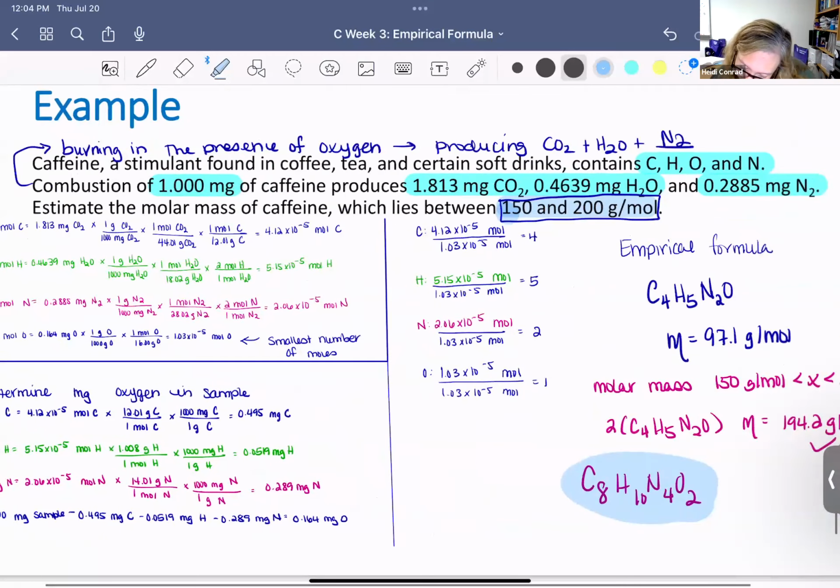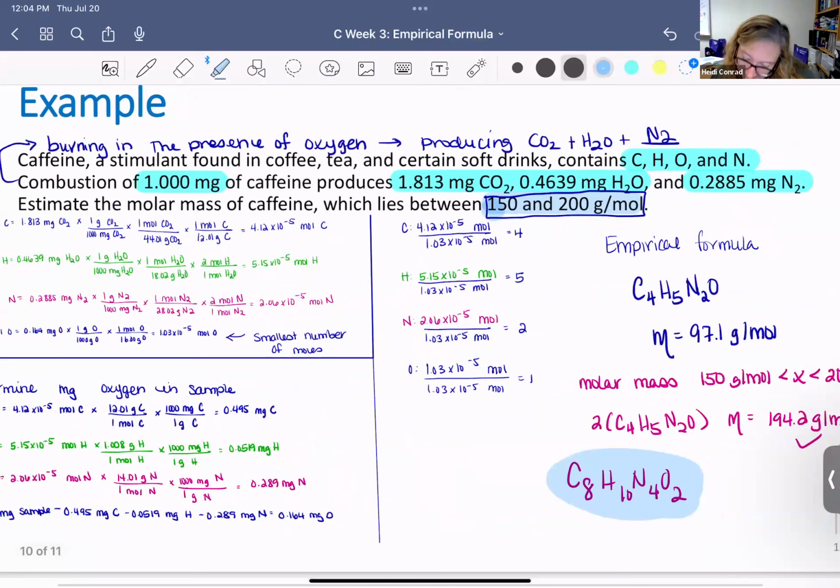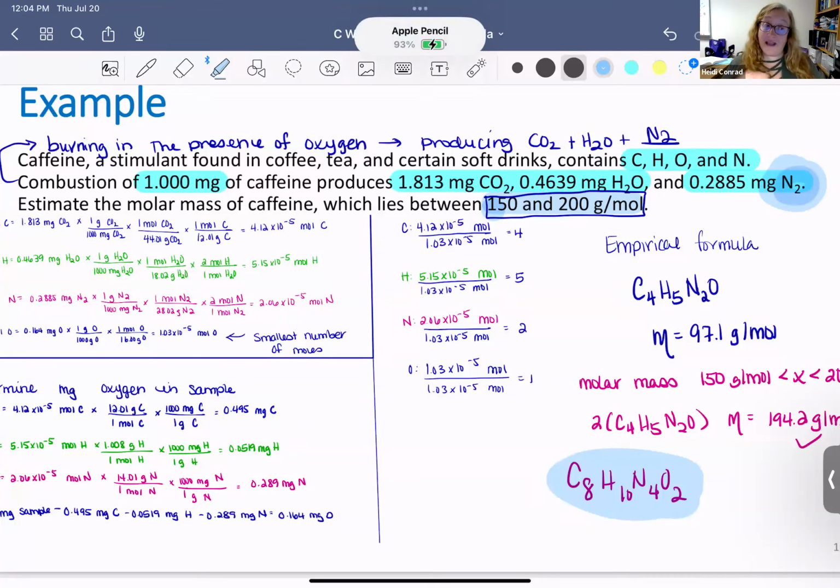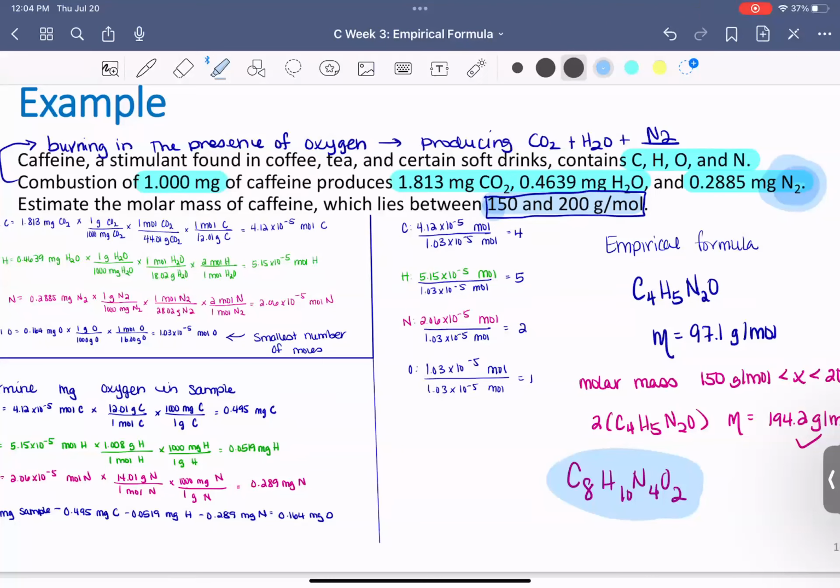The question says combusting as N2, so I have to use the 28.02 grams of N2 to account for how much was actually made. Now, in the formula itself, I'm trying to figure out exactly how many nitrogen atoms there are, which is that 1-to-2 ratio. Does that make sense? Yes, thank you.